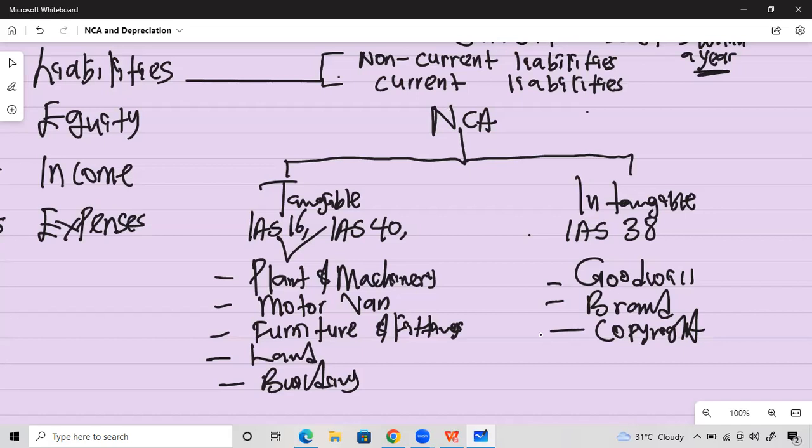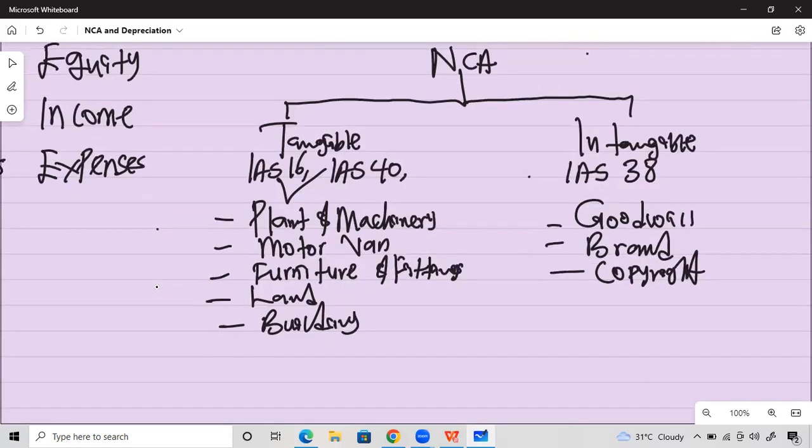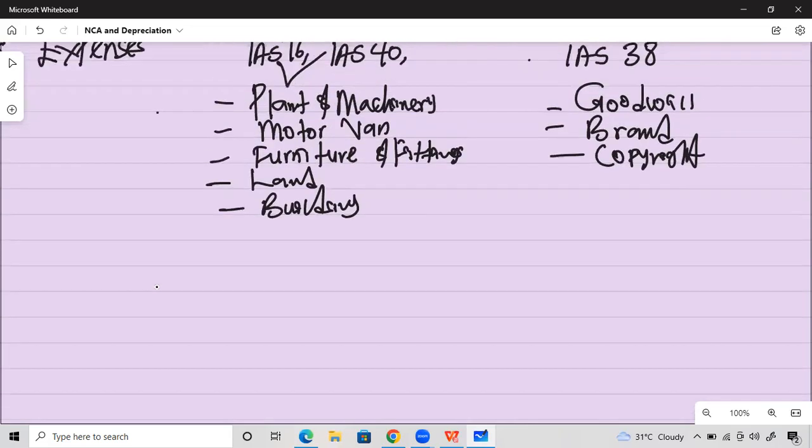So for what we're talking about today, we are going to be making reference to IAS 16. And what does IAS 16 mean? IAS 16 means property, plant, and equipment.